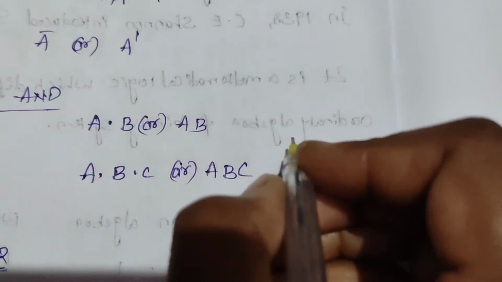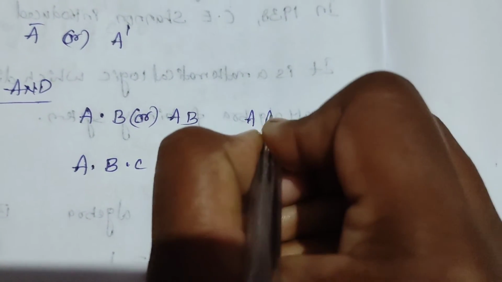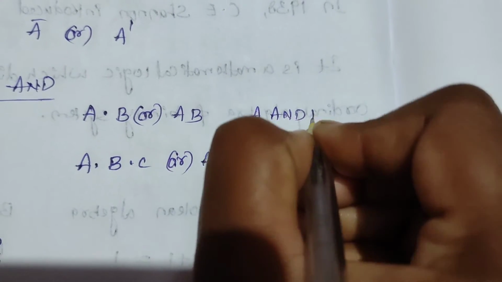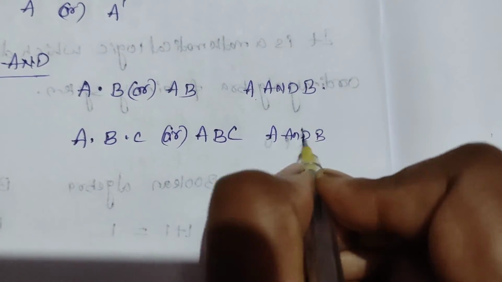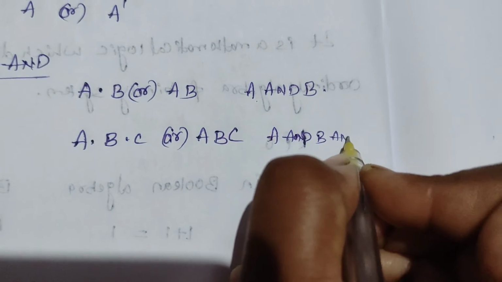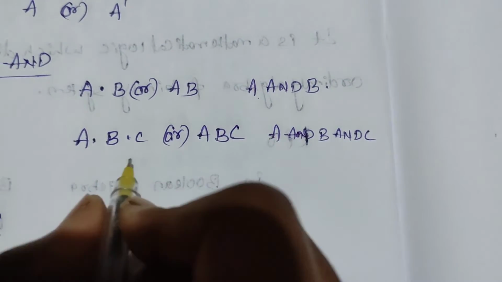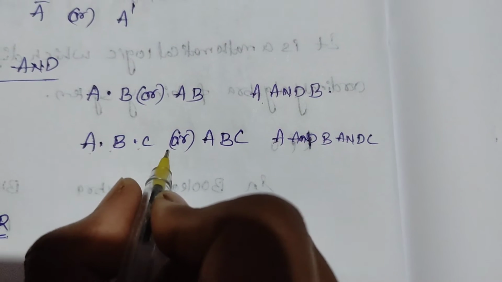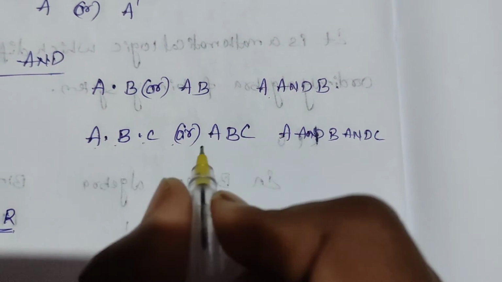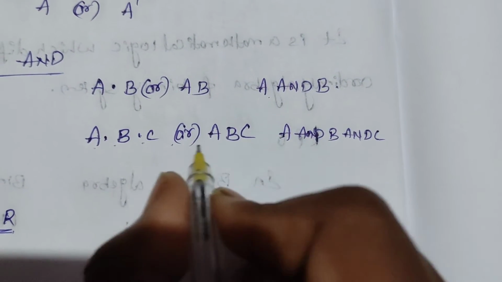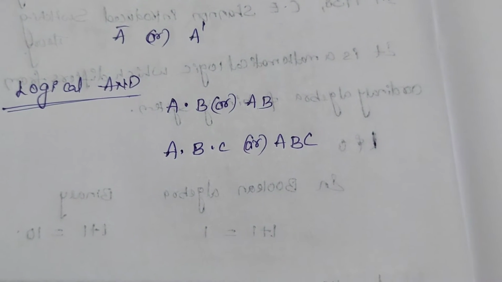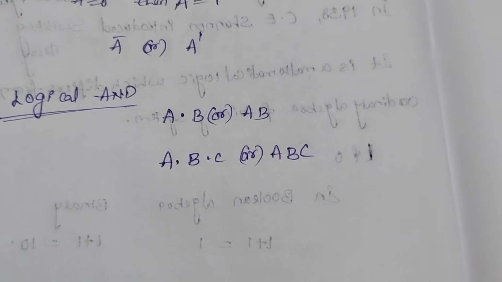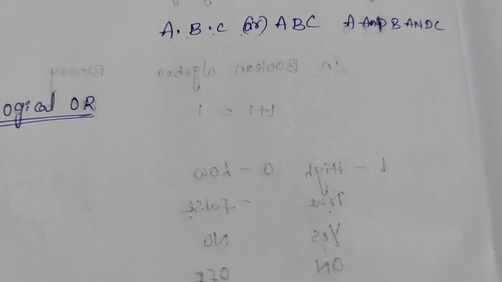That is, a dot b is nothing but a and b. Similarly, a and b and c. So simply we can write a dot b dot c, which means the same as multiplication operation. These variables can have any of the values, either 1 or 0.